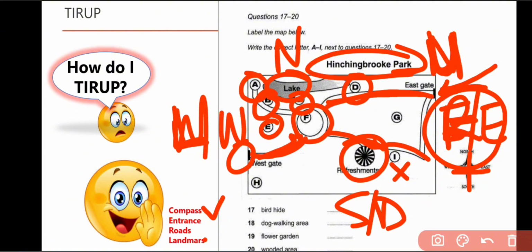And once they start speaking, the man that is reading the map or explaining the map will first of all start with the bed height, then move over to the dog walking area, the flower garden, then finally to the wooded area. That is how.